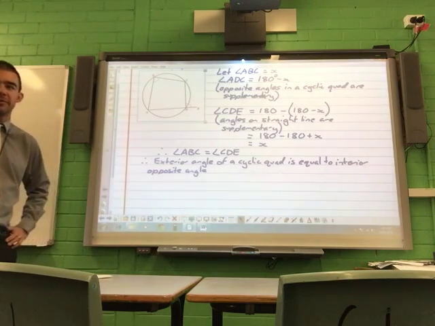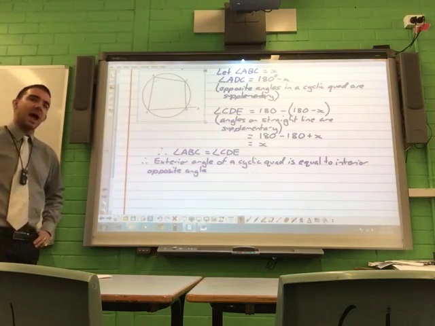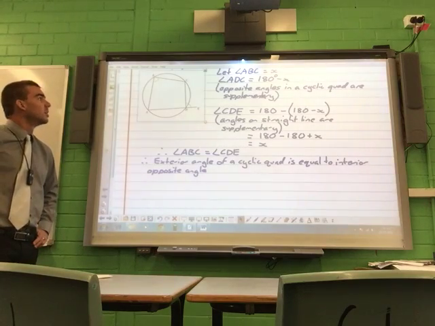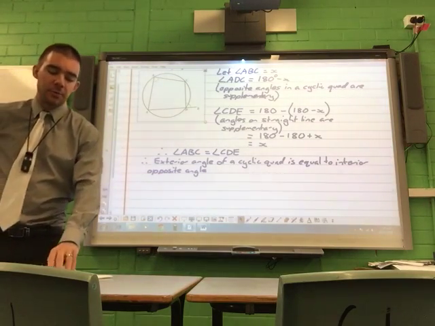Okay, so that was a much more straightforward proof there, hopefully. But you had to know the property of opposite angles of a cyclic quad are supplementary.